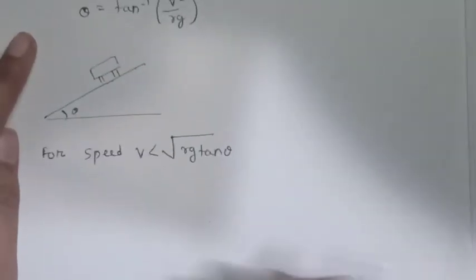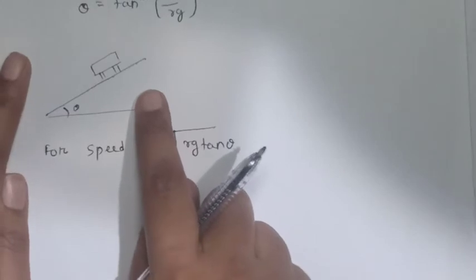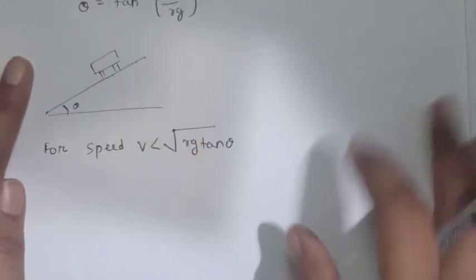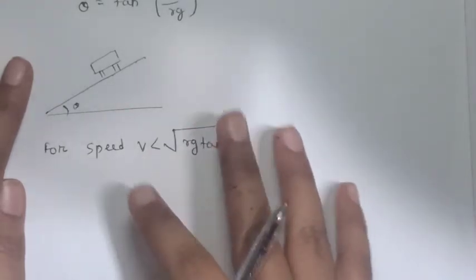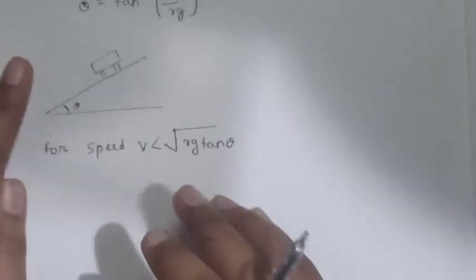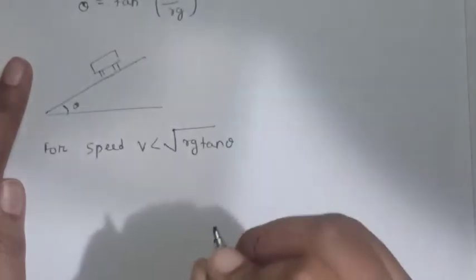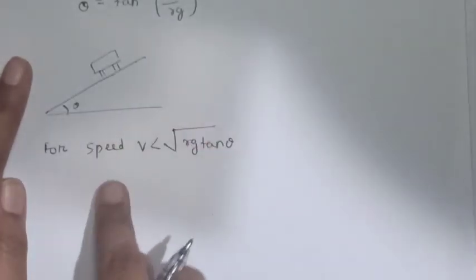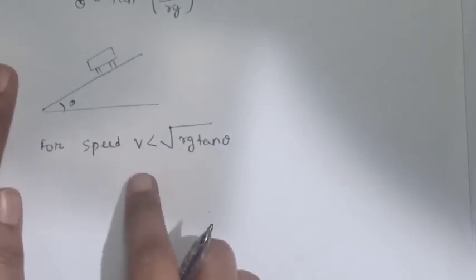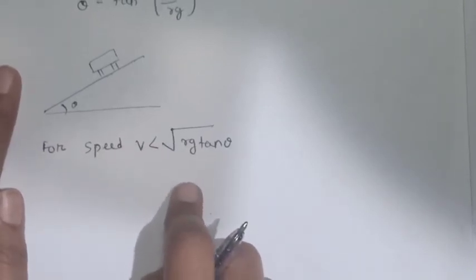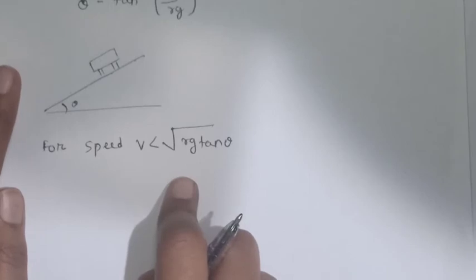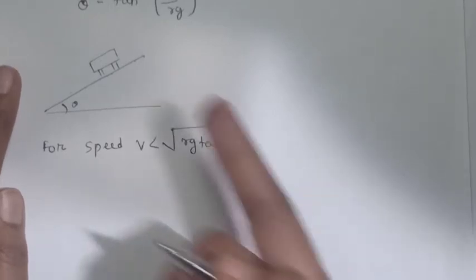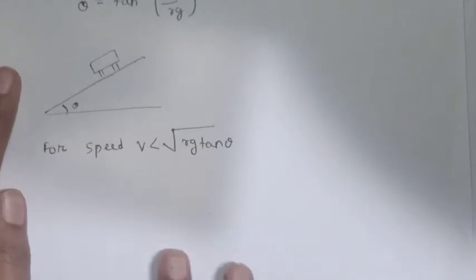Now always remember one thing: whenever you are going to find the equation for an object performing any kind of motion, you have to consider all the forces acting on that body. For the speed limit, we are considering that speed is less than under root Rg tan theta, and the necessary centripetal force will be required for the circular motion.